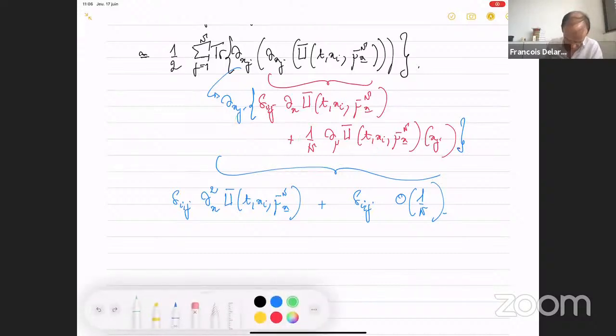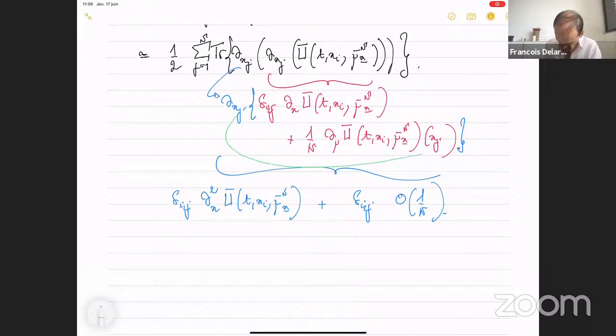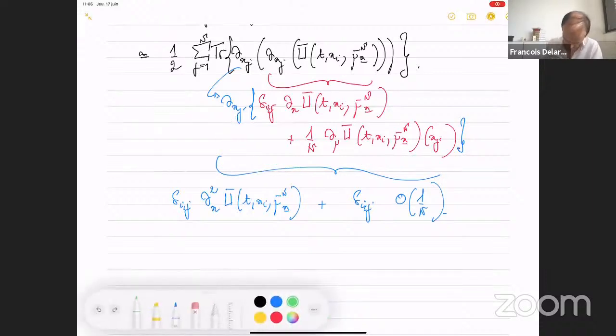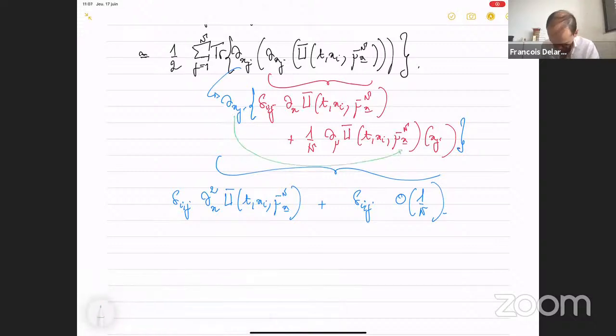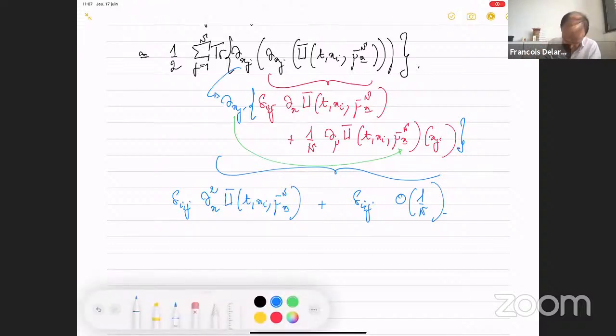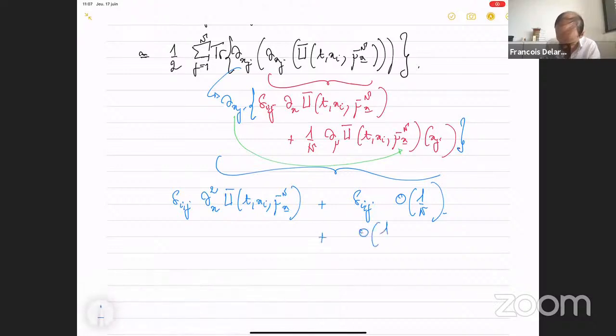And so the very last one is xj acting on this term. No, I'm sorry, I forgot one. There is xj acting on this one. So here you need to take a new derivative in the measure argument. So each time you have a derivative in the measure argument, you get a new 1 over n. So in fact, you get plus O of 1 over n squared. Okay.